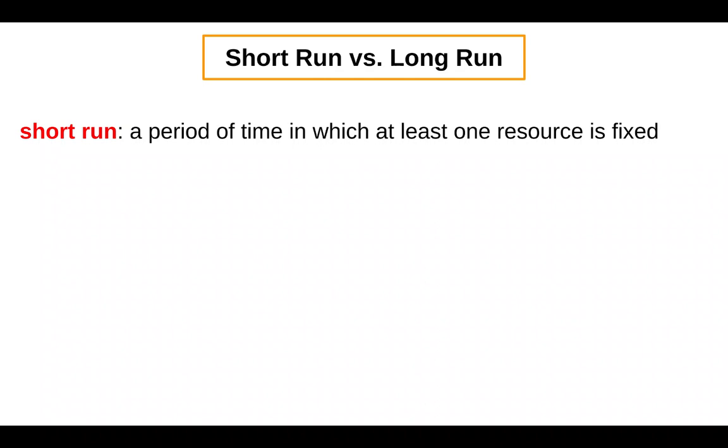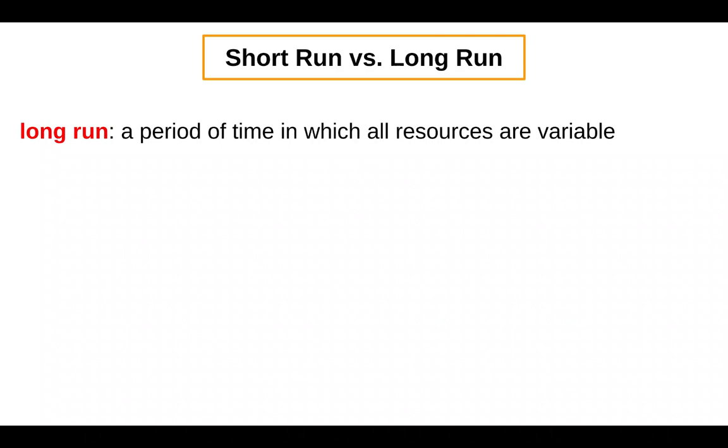Whereas the long run is a period of time in which all resources are variable and therefore can be changed. So, in the short run, you have at least one fixed resource, typically capital. And in the long run, all your resources can be changed. We'll look at long run production costs in the next video.